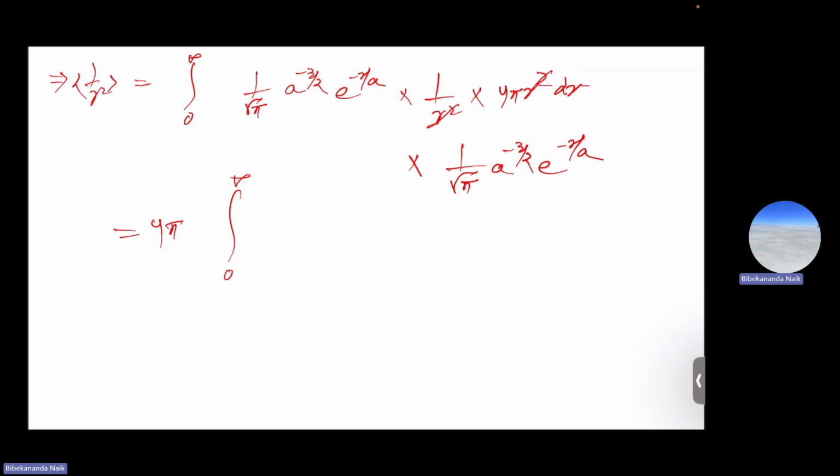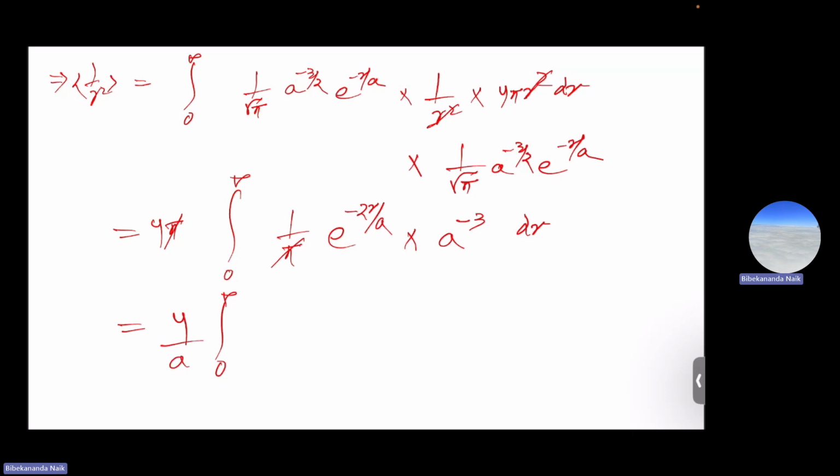So again root pi will get cancelled with pi. So we can write 1 by pi e to the power minus 2r by a into a to the power minus 3 into dr. So it will be 4, because pi gets cancelled out, 0 to infinity.